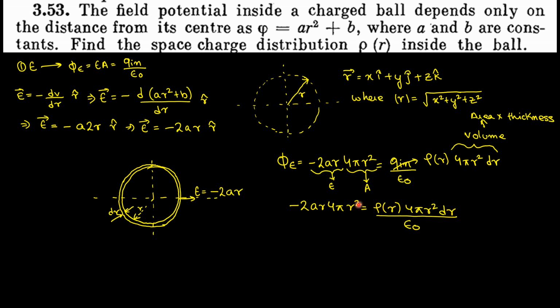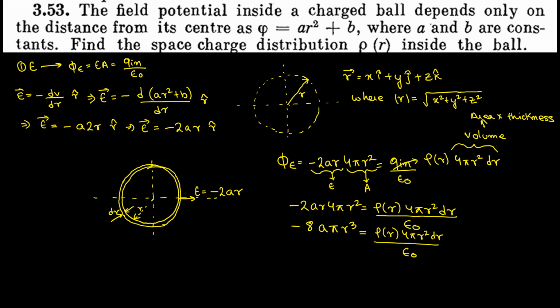So somehow on the left hand side also I must construct a term with dr. Now r square into r is r cube, so it is minus 8a pi r cube, since 4 into 2 is 8, is equal to rho r into 4 pi r square dr by epsilon naught.